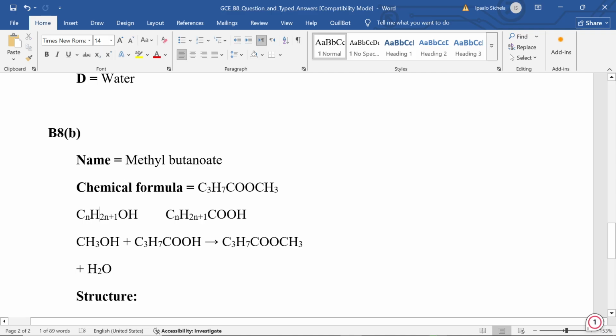If you put 1 there, it's still C, and 2 multiplied by 1 gives 2, plus 1 is 3. So CH3OH. That's the chemical formula of methanol. Methanol will be reacting with butanoic acid according to the question.